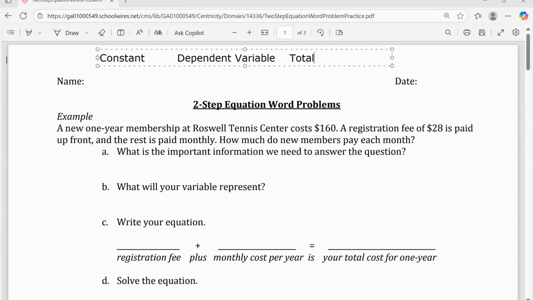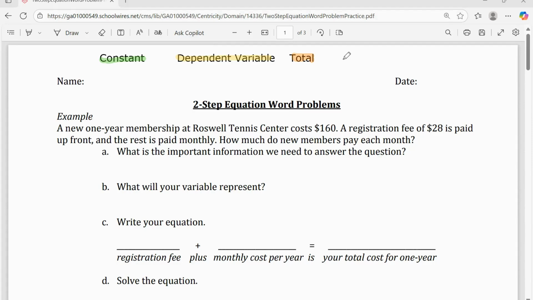I'll try to use three colors when we identify these. For our constant, we're going to use this green color. For our dependent variable, we're going to use yellow. And when we find our total, we're going to use orange. Okay, let's jump into this first one.